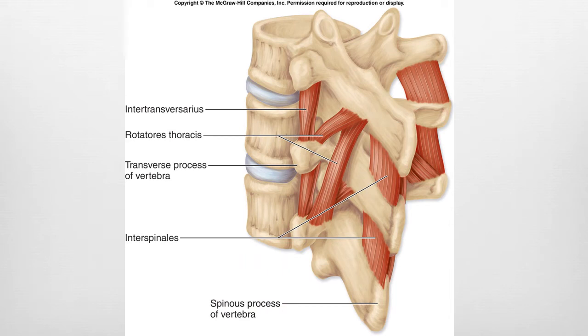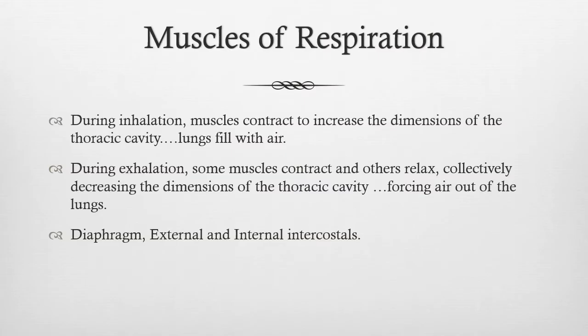You're going to see some of the deep, smaller muscles again in and around the vertebrae themselves, running from spinous process to spinous process, running from spinous process down to transverse process, transverse process to transverse process, and so on. Lots of little tiny muscles that, for the most part, we never have to think about contraction. They are our postural muscles. They're the ones that are working when we need to maintain our normal posture.